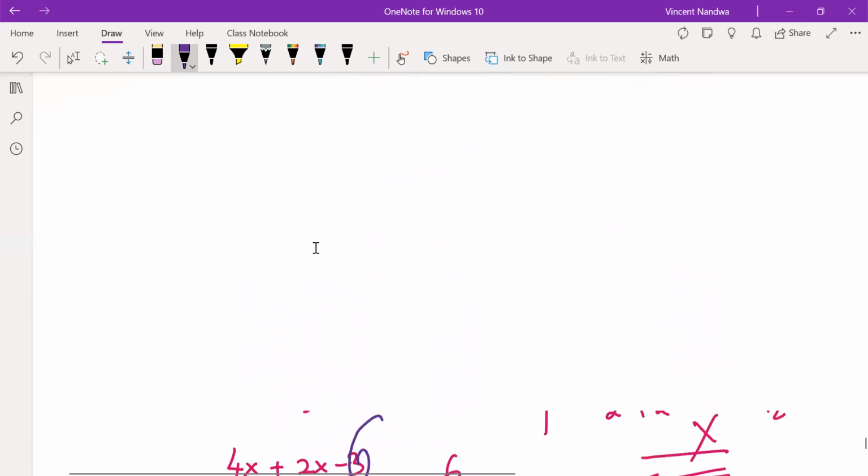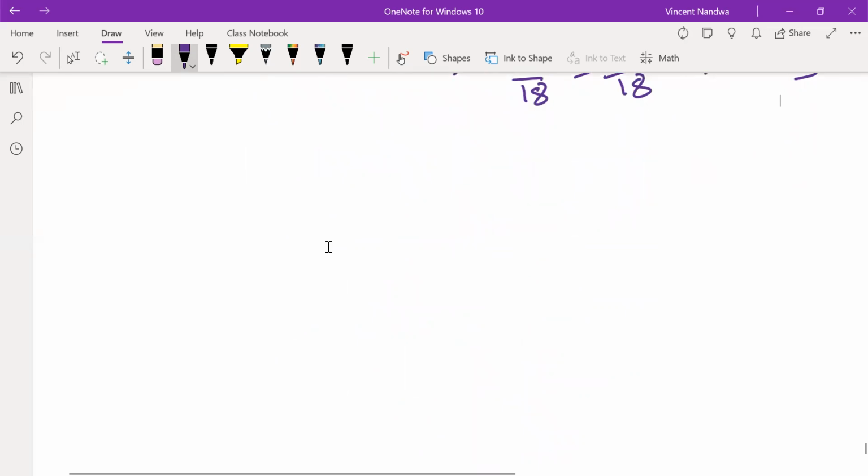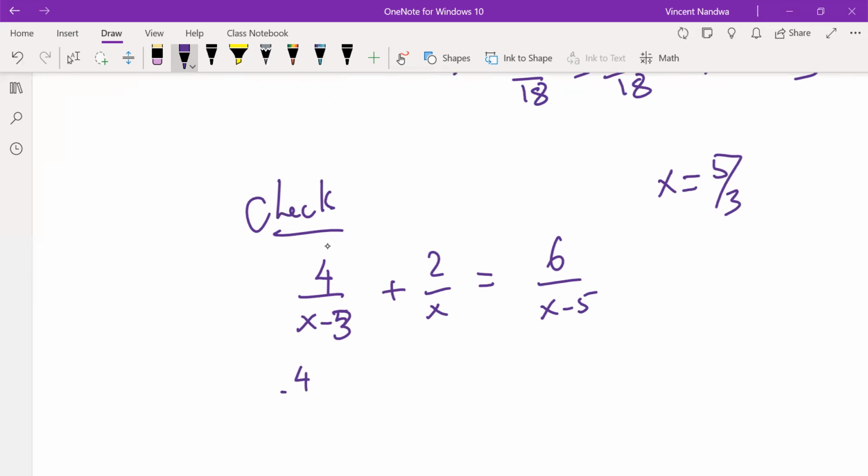The problem at hand we were solving for, so quick check: 4 over (x minus 3) plus 2 over x equals 6 over (x minus 5). We have gotten the answer to be 5 over 3. So 4 over (5 over 3 minus 3) plus 2 over 5 over 3.